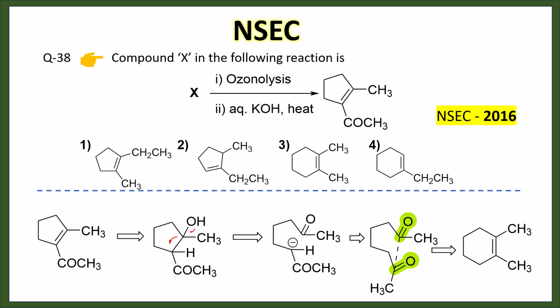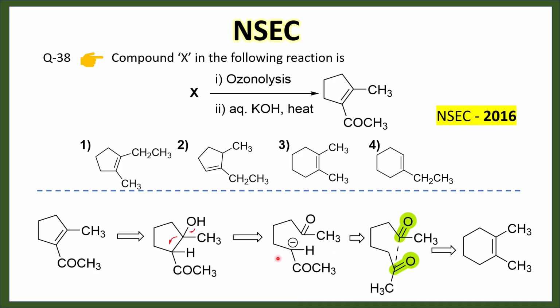Now question number 38: compound X in the following reactions is ozonolysis, further aqueous base, an aldol kind of reaction, and this is formed. So we have to find the initial alkene. Let's do that. This is formed by aldol reaction. So in the aldol condensation reaction a double bond forms; we reverse it, which gives the hydration product, and further a retro aldol reaction gives this product.